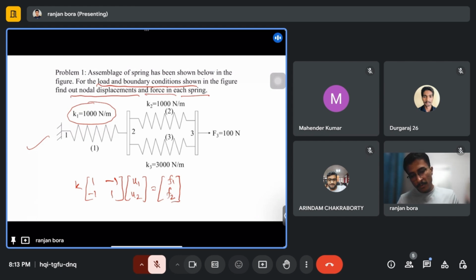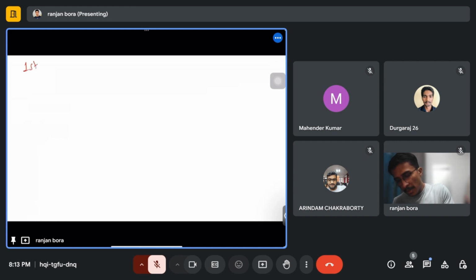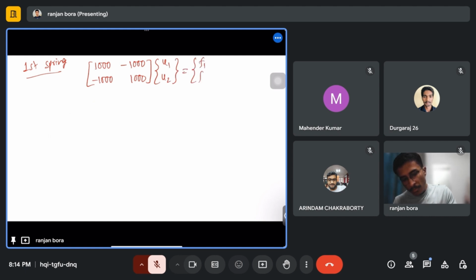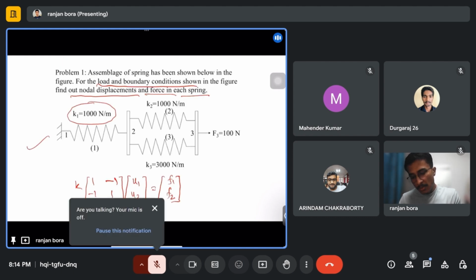So for the first spring, the element level equation will be: see, for the first spring, these are the nodes 1 and 2, and the spring constant is given as 1000.